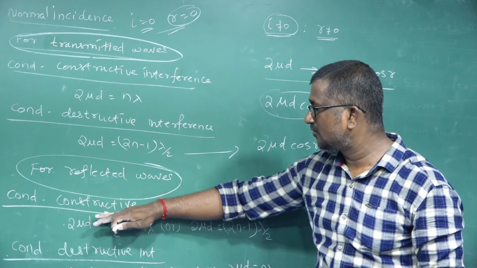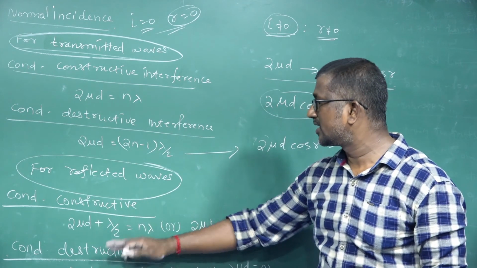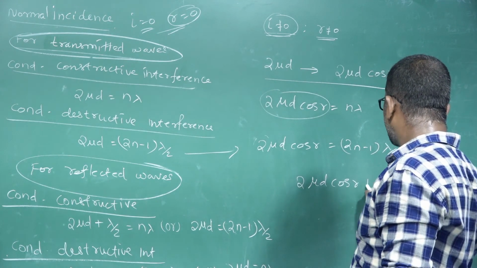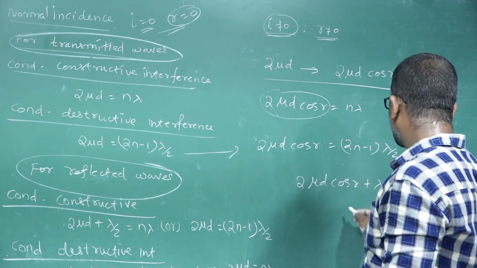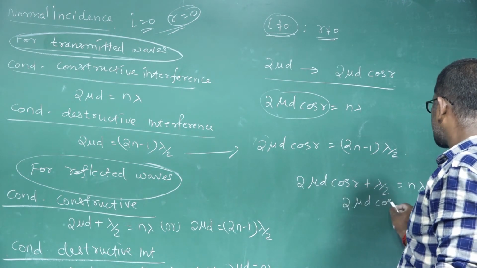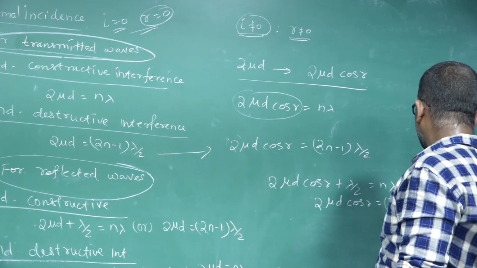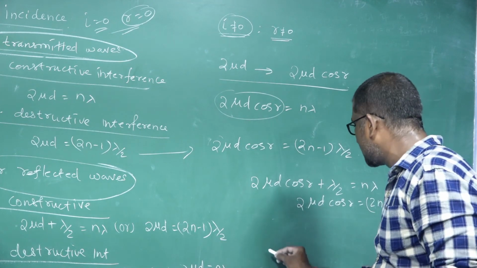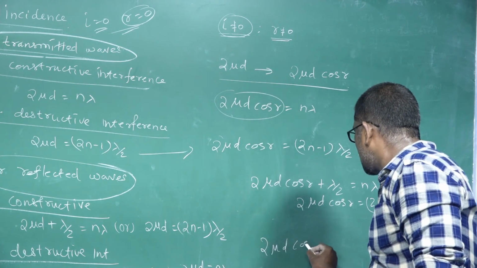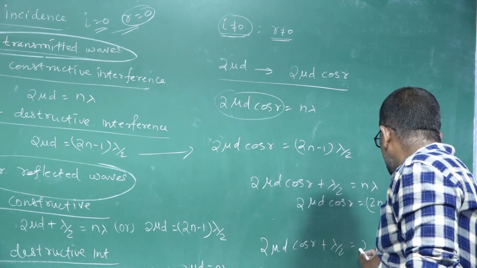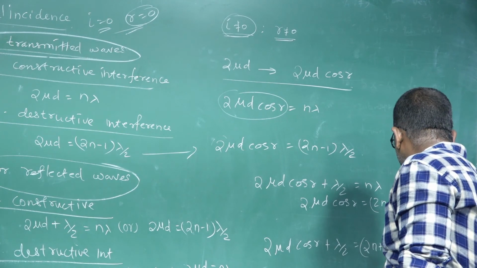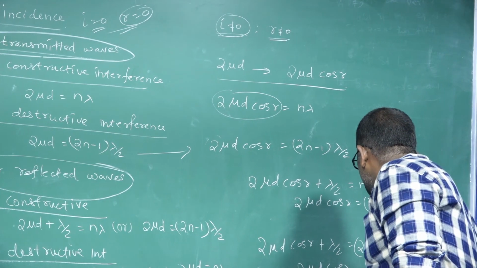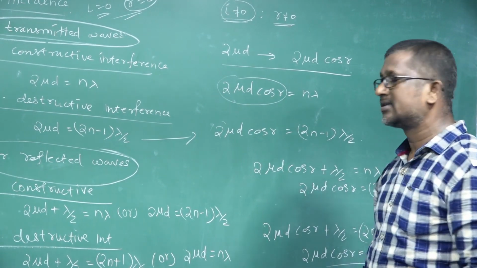Similarly, for reflected waves, the condition for constructive interference becomes 2μd cos r + λ/2 = nλ, or 2μd cos r = (2n−1)λ/2. The condition for destructive interference is 2μd cos r + λ/2 = (2n+1)λ/2, or 2μd cos r = nλ.